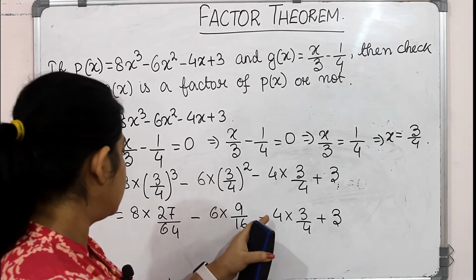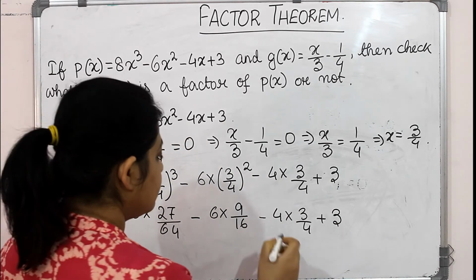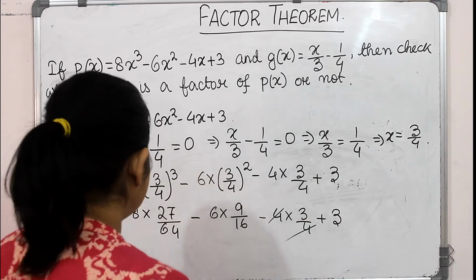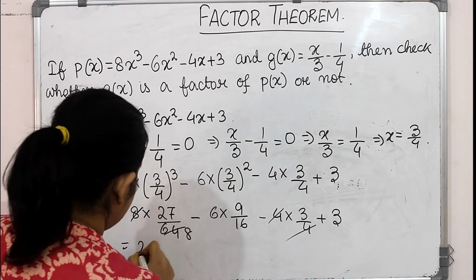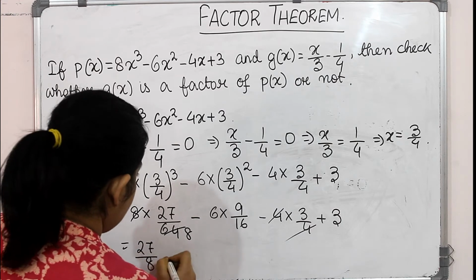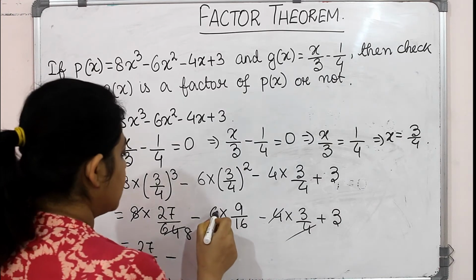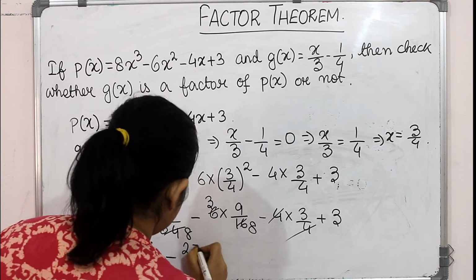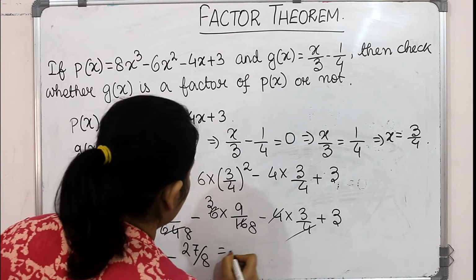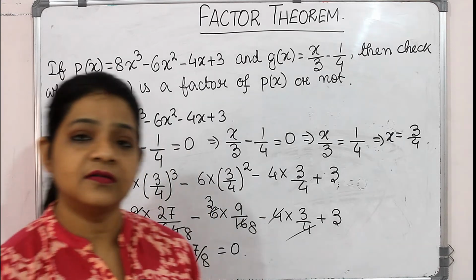So this will be, this 4 gets cancelled, and this will be 8. So 27 by 8, and then minus 27 by 8. So you are getting the final answer to be 0.